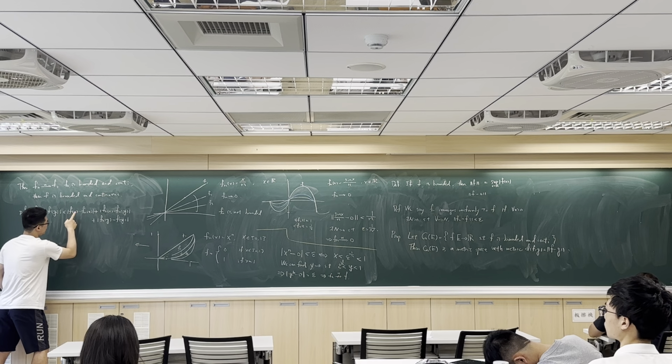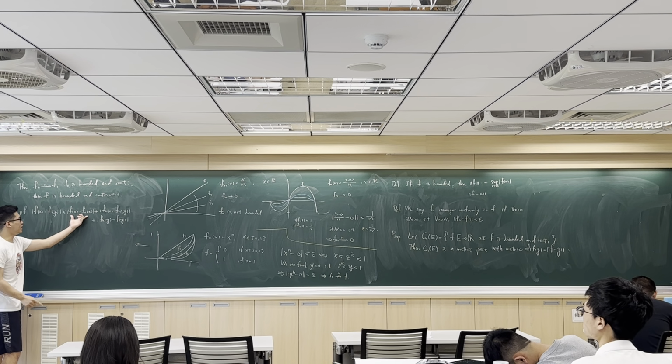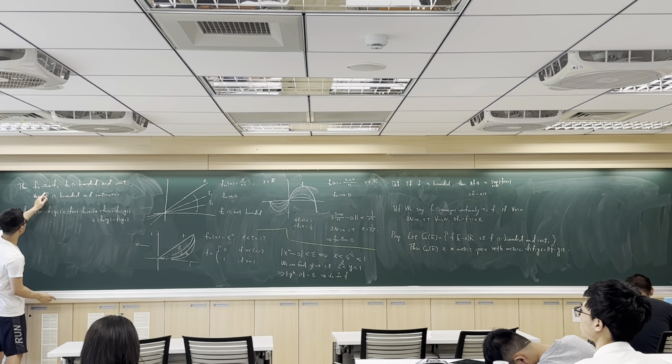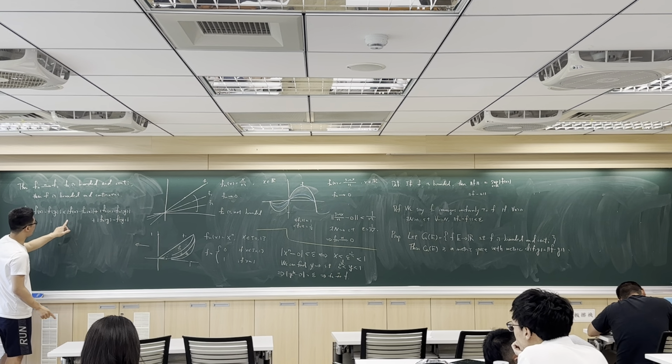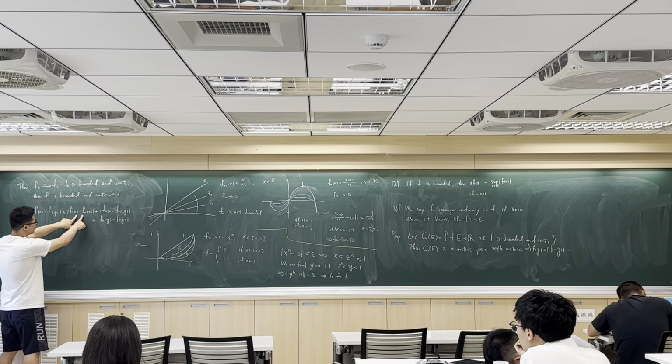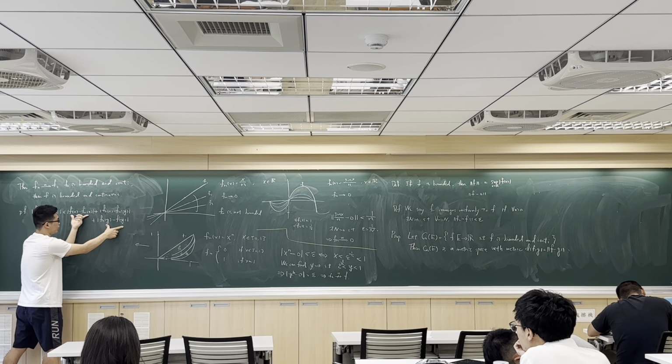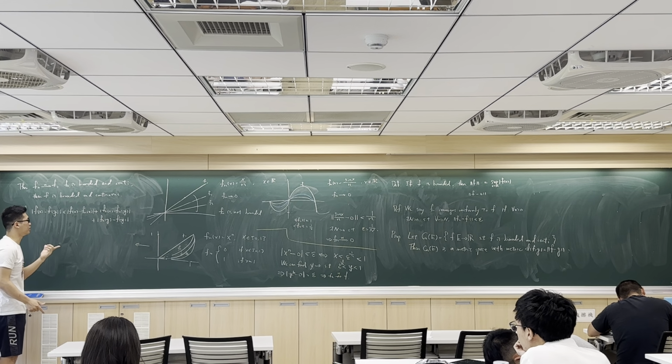So in this term, as n tends to infinity, because Fn uniformly converges to F, we can find n large enough such that these two terms will be smaller than some epsilon.